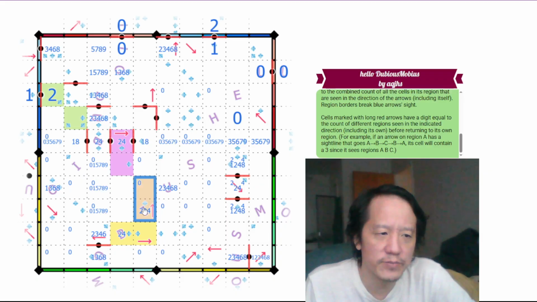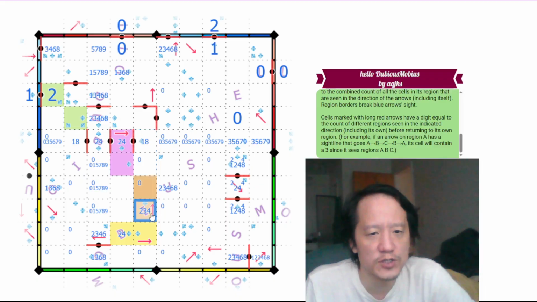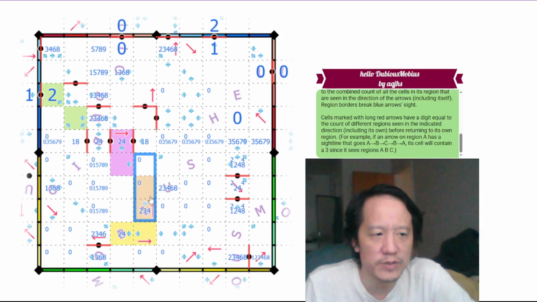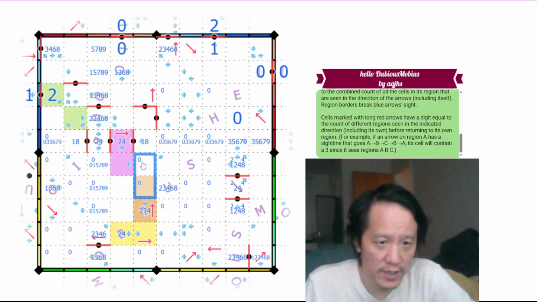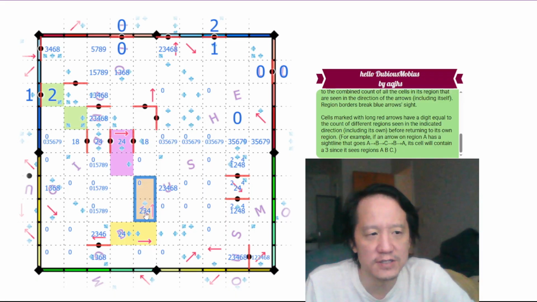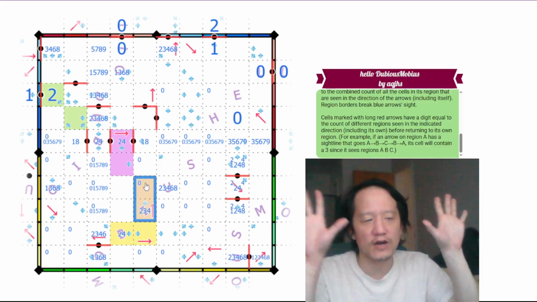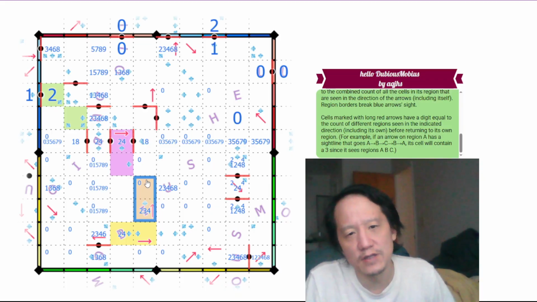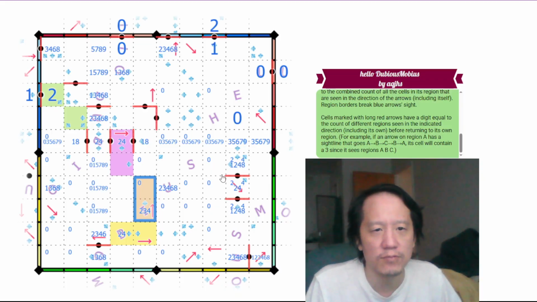Just because of the way this arrow works, the red cells must start counting when it leaves the region. You can't just say, "Oh, it sees its own region, therefore it counts 1." So that means none of the red arrows can ever be 1, which is interesting.